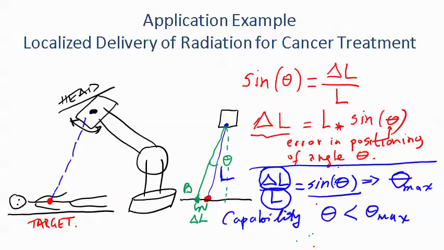Of course, 1 degree is exaggerated, but that gives you an idea of how these trigonometric principles could be employed in finding both delta L and also defining the capability of equipment in order to deliver the radiation as close to the target as possible, such that it will not kill or destroy any healthy tissue.